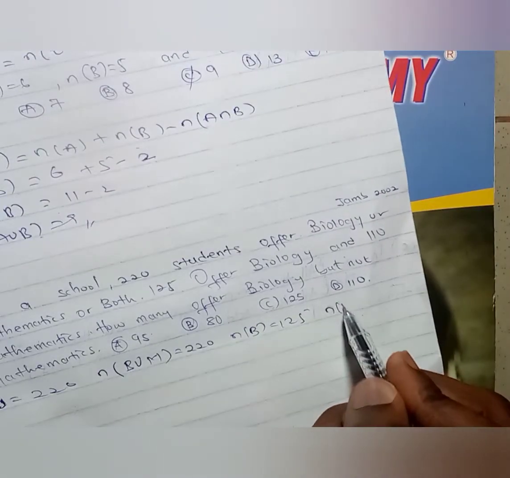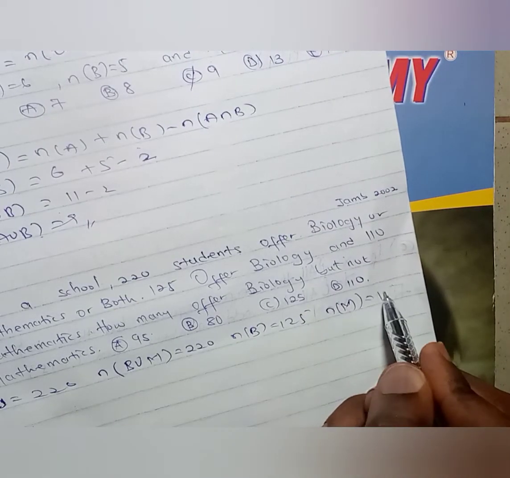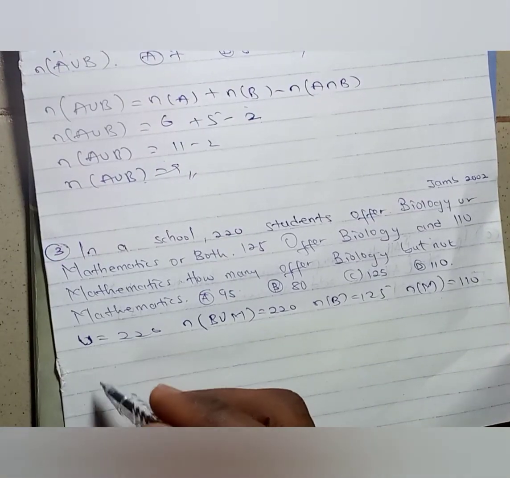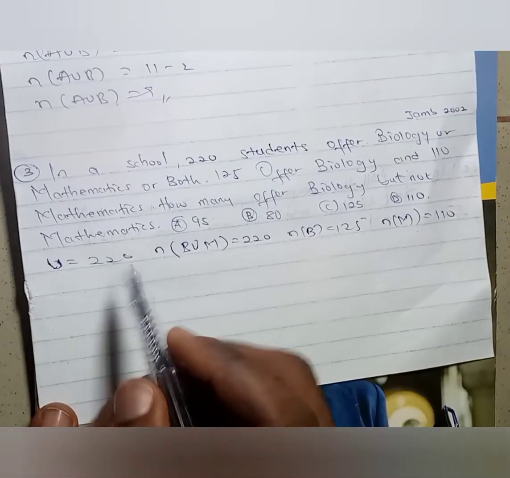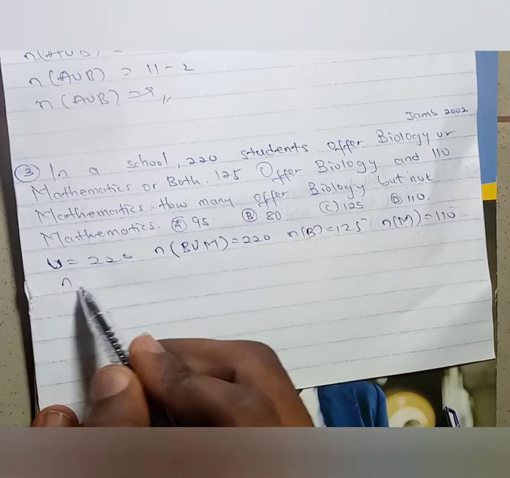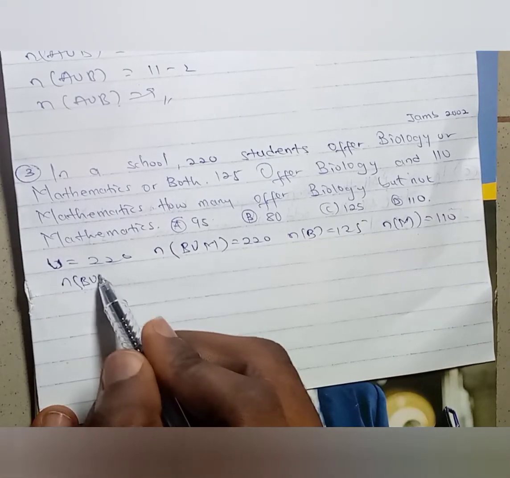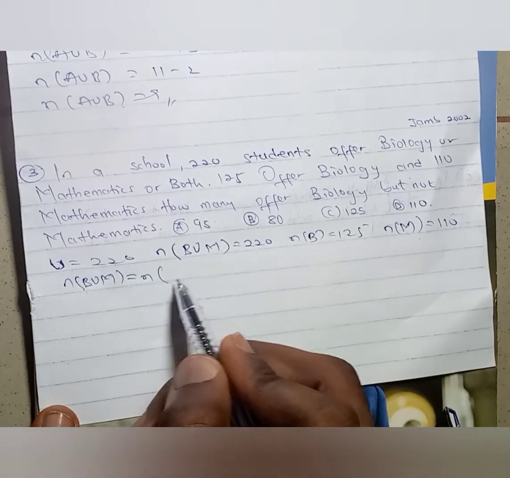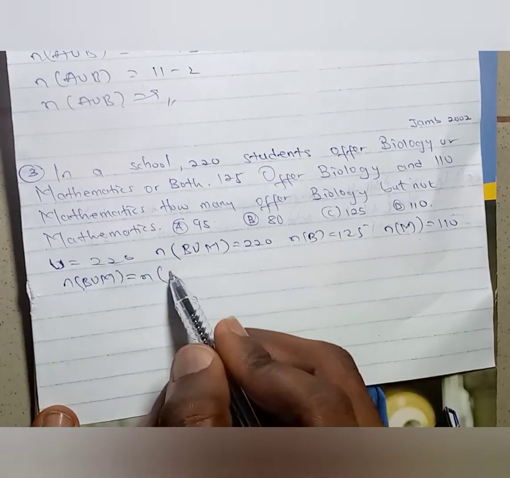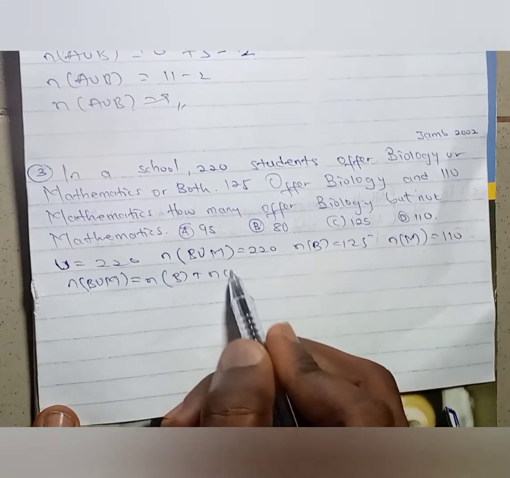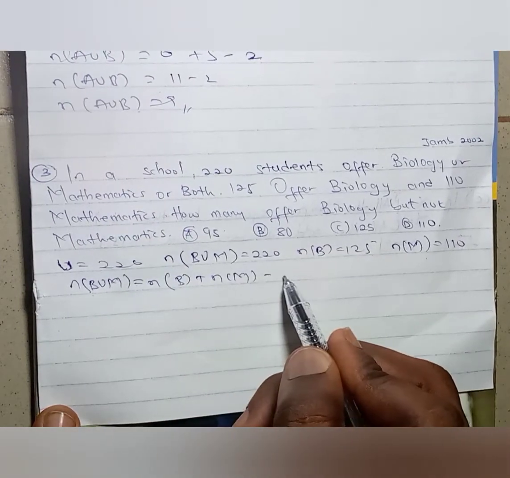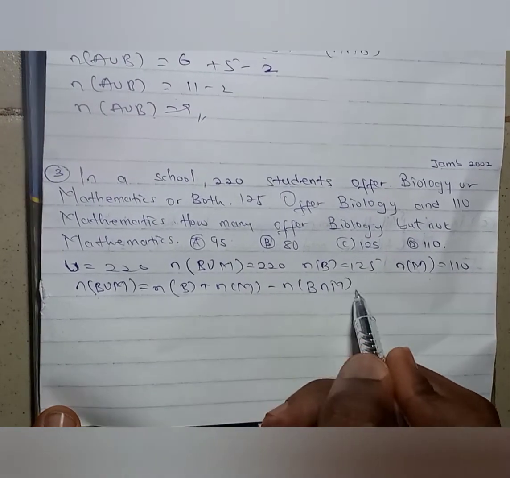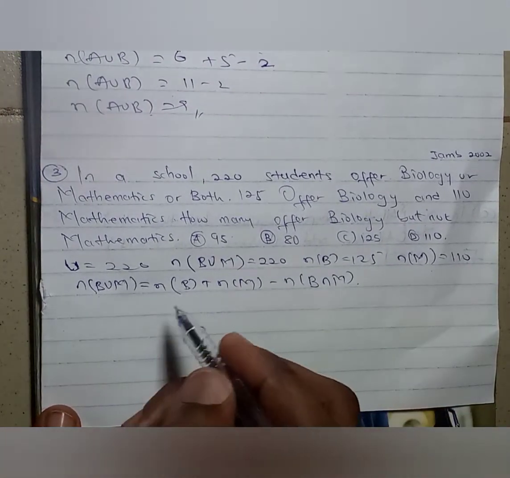Number of students that studied mathematics is 110. So let's write this down using a formula: biology plus number of students that study mathematics, very simple, minus number of students studying biology and mathematics. Now let's compute by substitution.